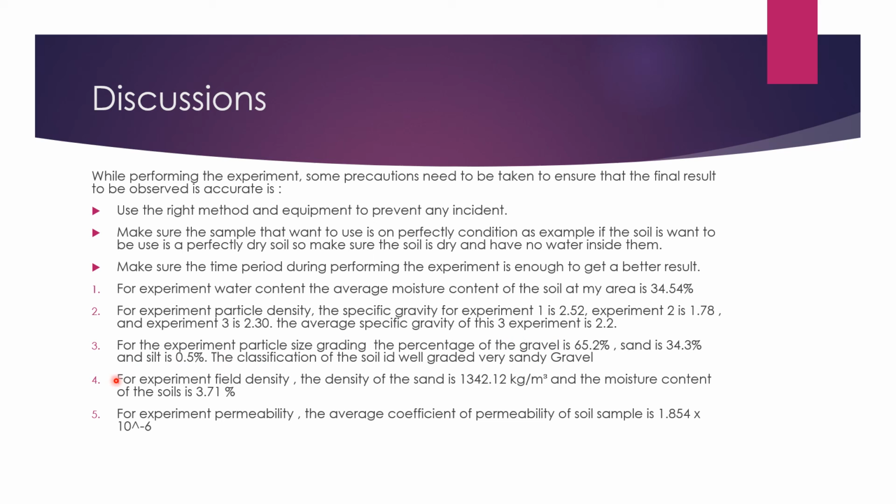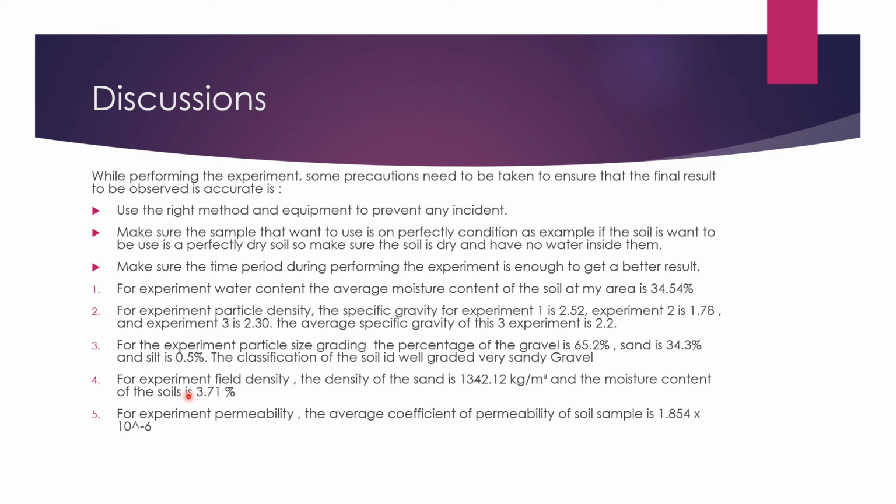For the third experiment, particle size, gradient, and texture, the percentage of gravel is 35.2%, sand is 34.3%, and silt is 0.5%. The classification of the soil is well graded, very sandy gravel.